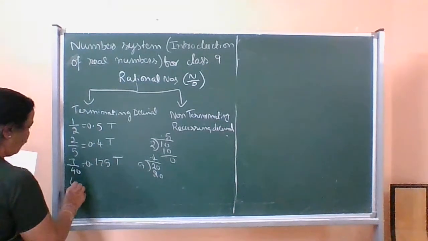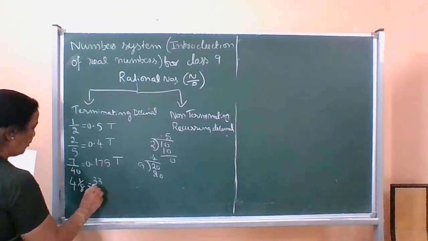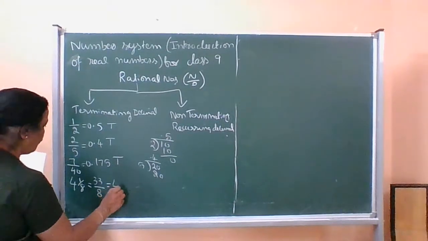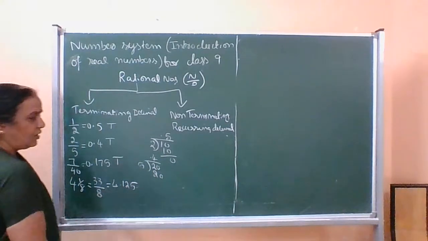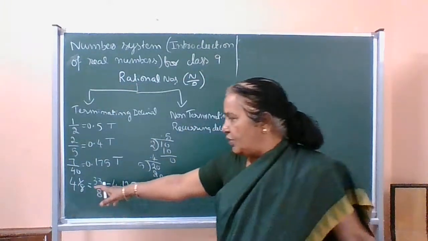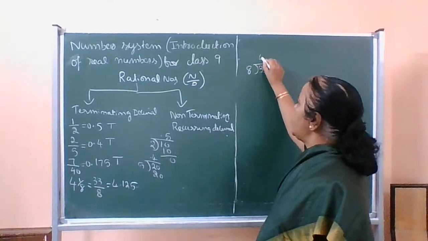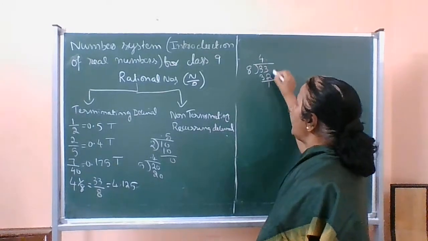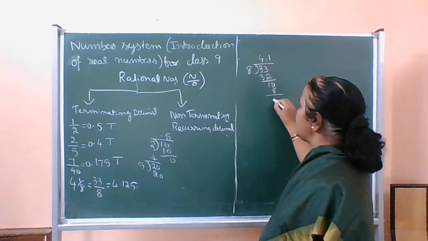Then if you take 4 1 by 2, that is 8 fours are 32 plus 1, 33 by 8. That will become 4.125. You can divide and find out. When you divide 33 by 8, 8 fours are 32. 33 minus 32 is 1. Then put 0, 10. 8 ones are 8. 10 minus 8 is 2.